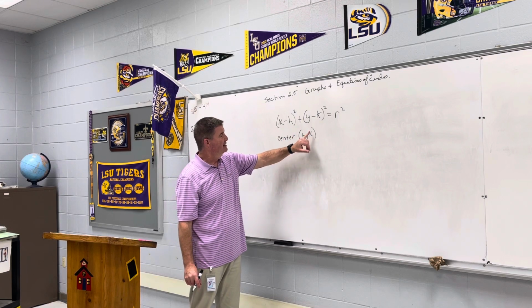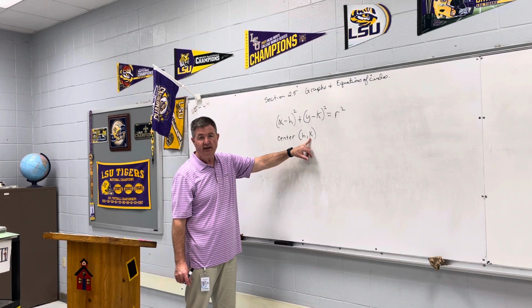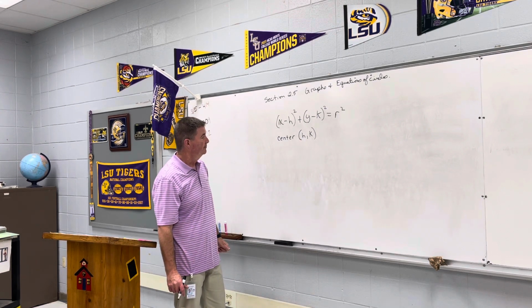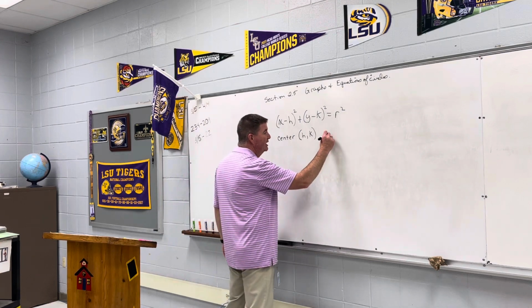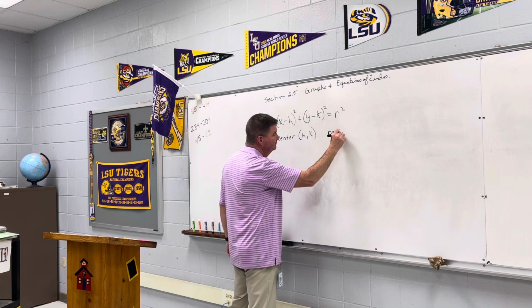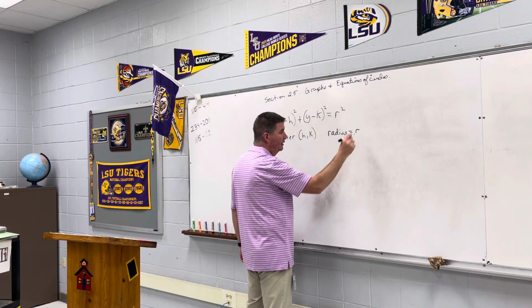And the k is the same way. It says minus k, and k is the y coordinate of the center. And then we have, of course, how big the circle is. That would be known as the radius. And the radius here is going to be r.